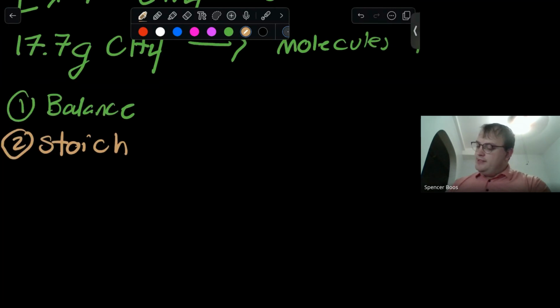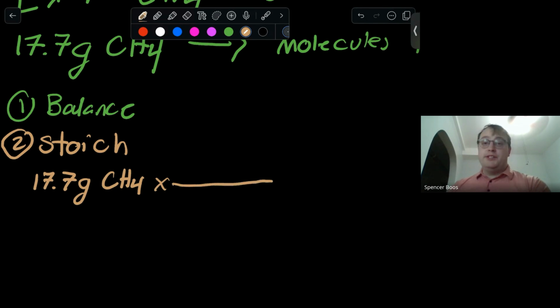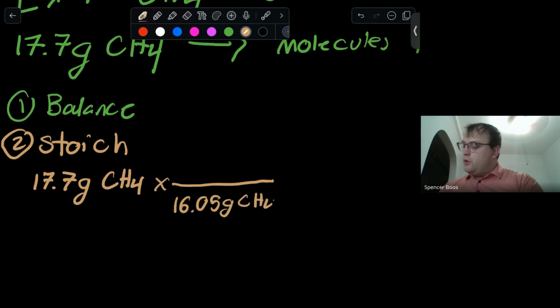We have 17.7 grams of CH4. Your first step here is utilizing that molar mass: 16.05 grams of CH4 for every 1 mole of CH4.